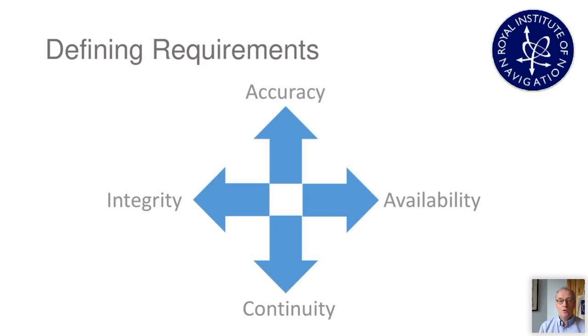If you want to find more out about this, it's worth going into your search engine and tapping in Navipedia. There's more information, but at a basic level, really all navigation system requirements should include a measure of these four parameters: accuracy, availability, continuity, and integrity.